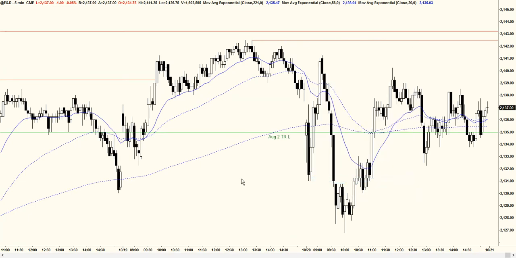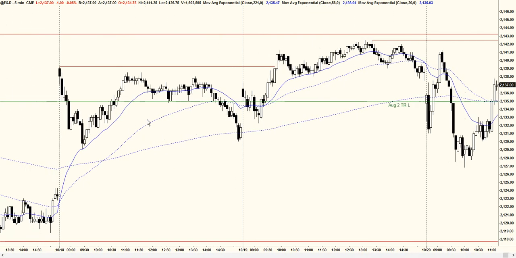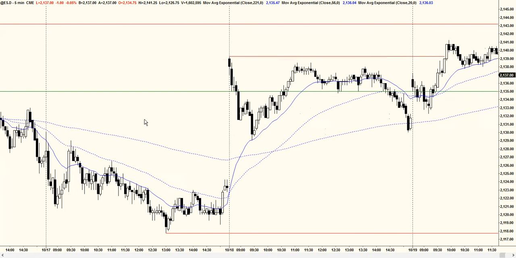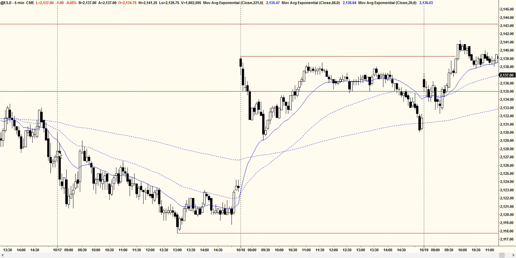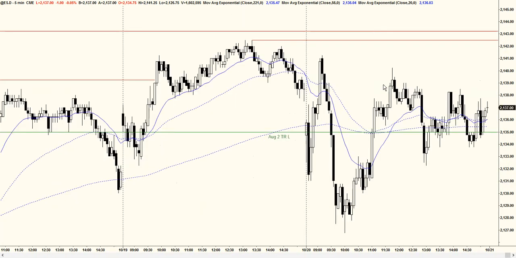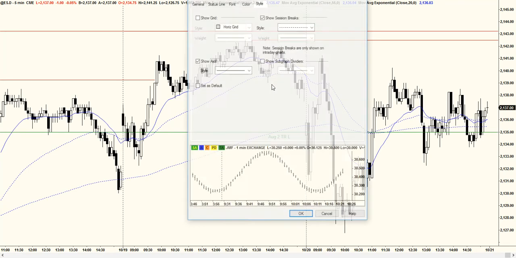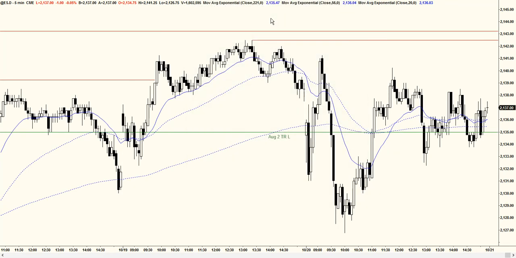Sometimes in the morning I'll add the session break if price is blended in, kind of like over here, just so it's easier to see. But other than that, I don't wait for price just to hit a trend channel line then immediately buy or sell.